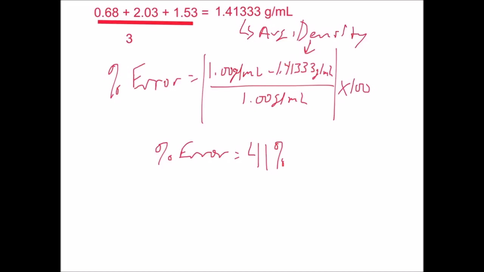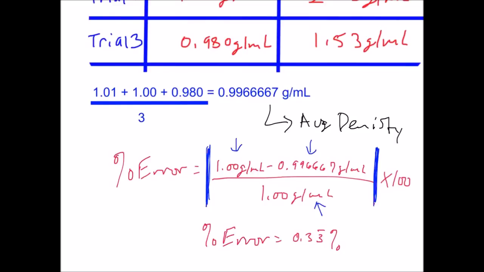Okay, and the 41% here is only 2 significant digits because we had 0.68 up here, and that only had 2 significant digits in it. Actually, coming back up here to Mike's data, there should be one more 3 in here because all of our initial data points had 3 significant digits for Mike's data.